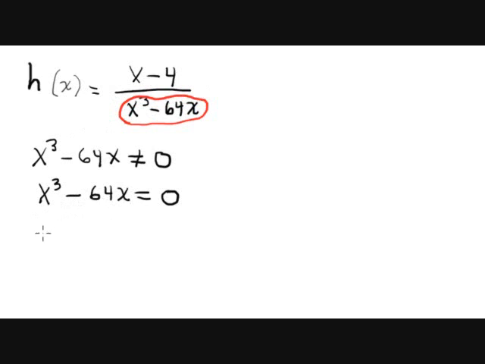Okay, this is a factorable equation. Obviously, the greatest common factor is x times (x squared minus 64). One more time, we have a difference of squares here.